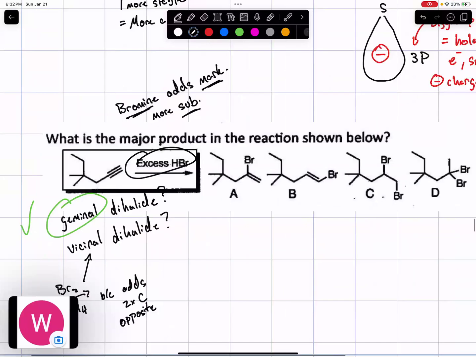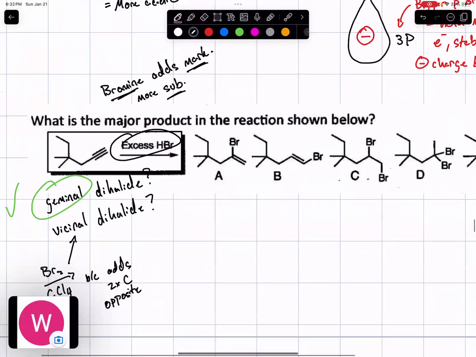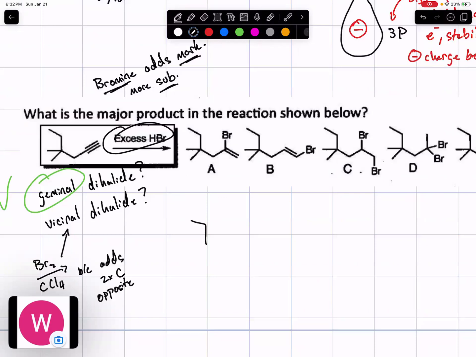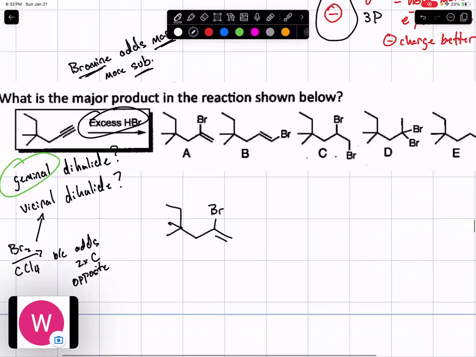So we know that if we just added 1, we'd get this product, right? But since we're adding another HBr, we have to add the other HBr to the more substituted side, right?